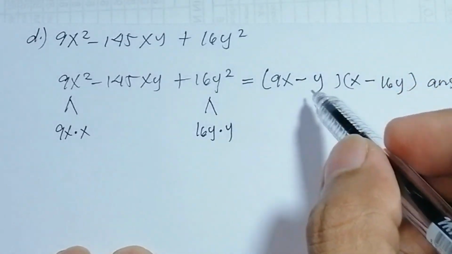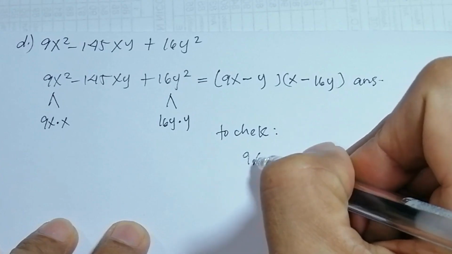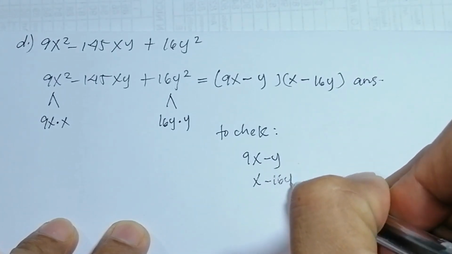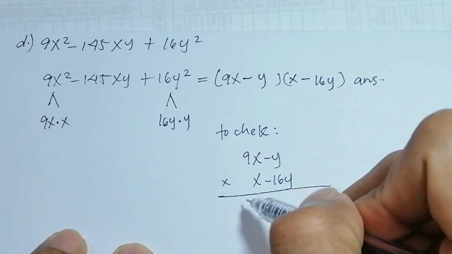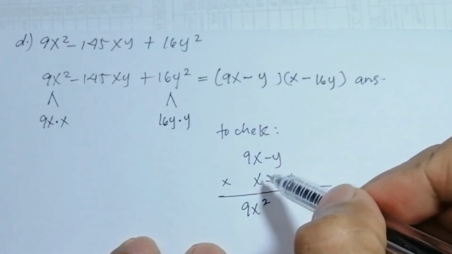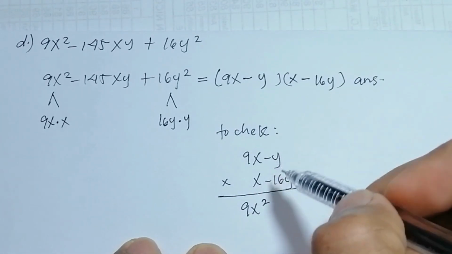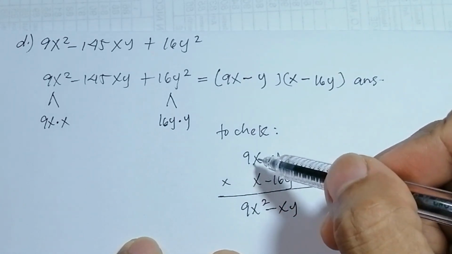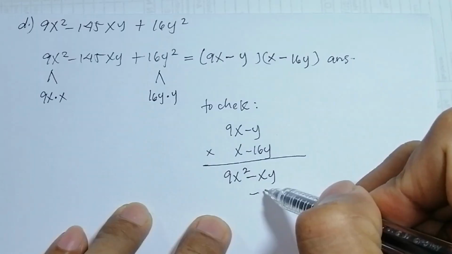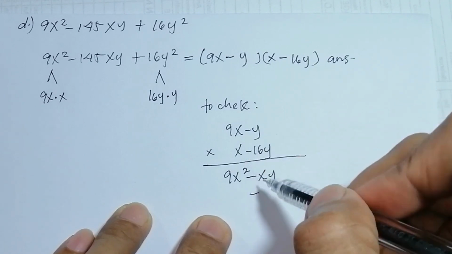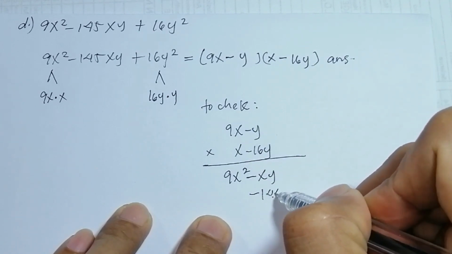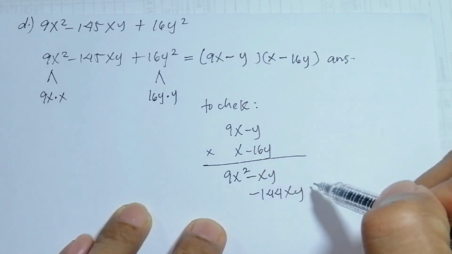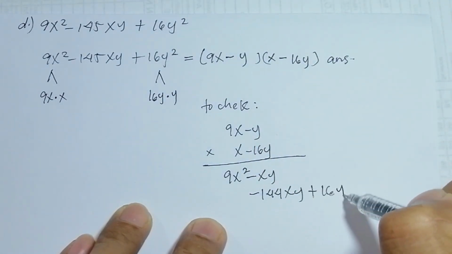To check if our answer is correct, check 9x minus y times x minus 16y. x times 9x is 9x squared. Then positive x times negative y is negative xy. Negative 16y times 9x is negative 144xy. Then negative 16y times negative y, this will be 16y squared.